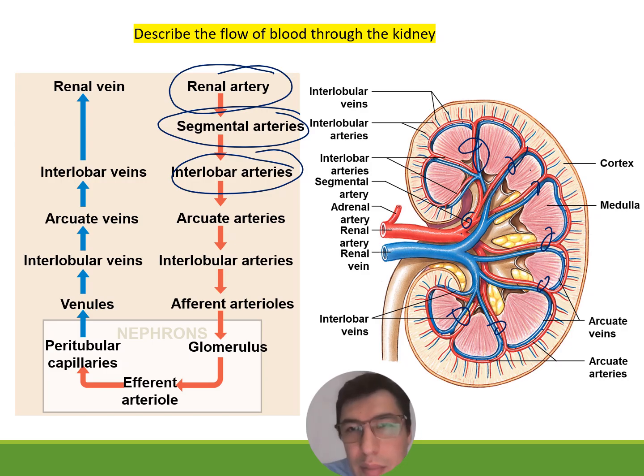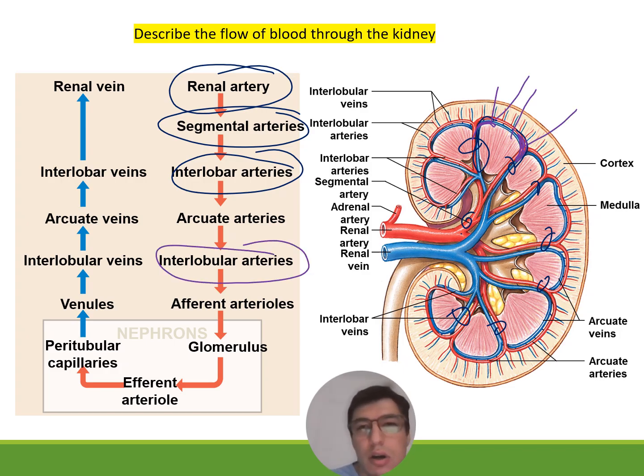As soon as they wrap around, let's make it purple, they change name, and now we have the arcuate arteries. The arcuate arteries then will go on to have radiate arteries, or interlobular arteries. The interlobular arteries then will have offshoots of themselves, which are the afferent arterioles that will feed onto that nephron that we just spoke about.